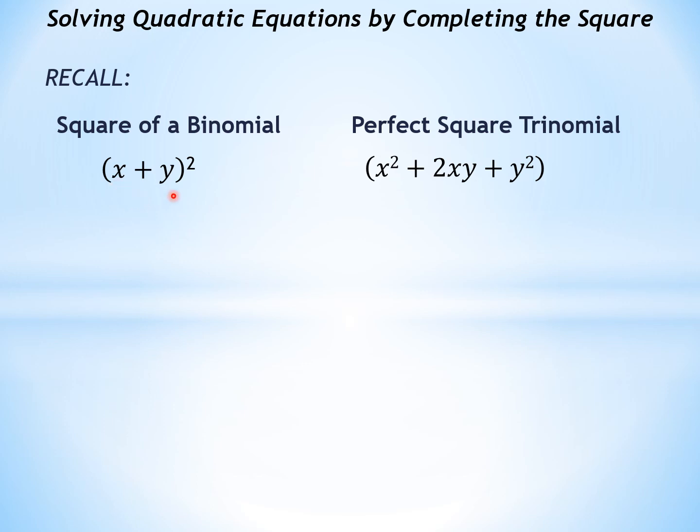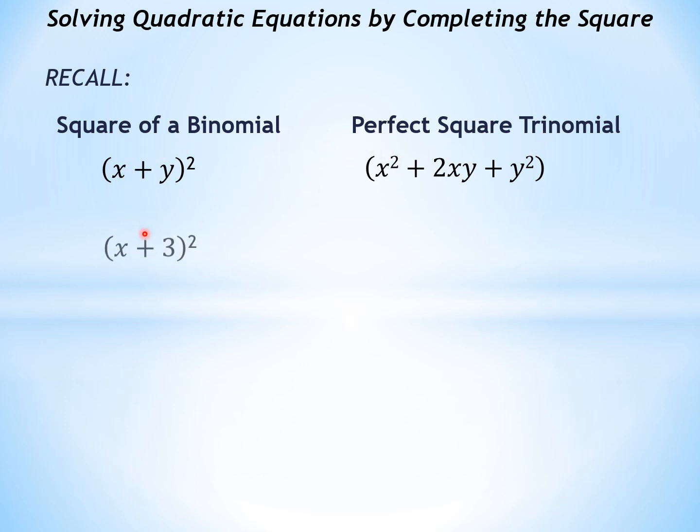Multiply natin yung first at second term, magiging xy. Then double natin, makukuha natin yung 2xy. Lastly, y times y, multiply natin yung last term by itself, makukuha natin yung y squared. Ganun lang ang pag-transform ng perfect square trinomial.